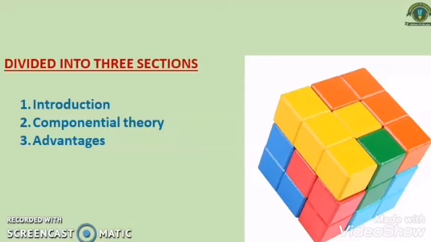In the introduction we learn about the basic words, basic structure or basic factors of different words. Secondly, componential theory is the most important section. In that we learn how important it is and the number of important assumptions that componential theories of semantics are based upon. The third and last is advantages: the advantages of componential analysis in semantics or linguistics.